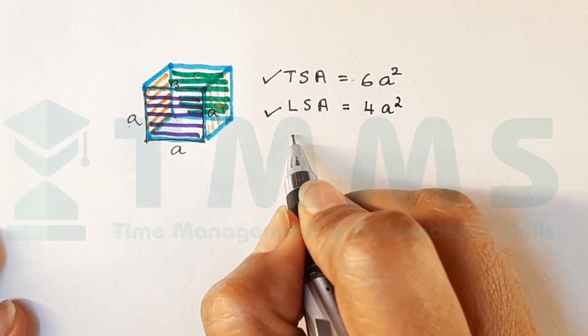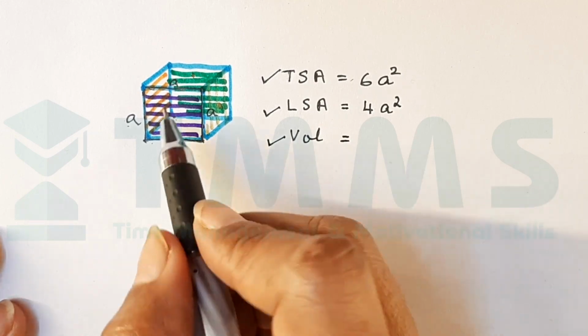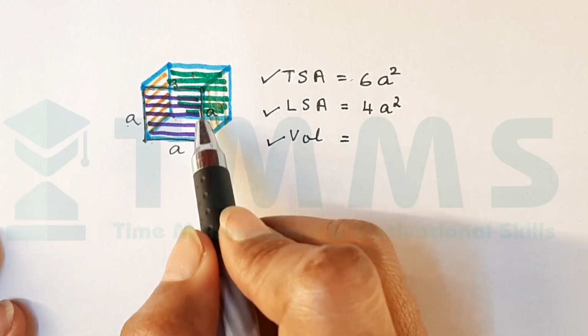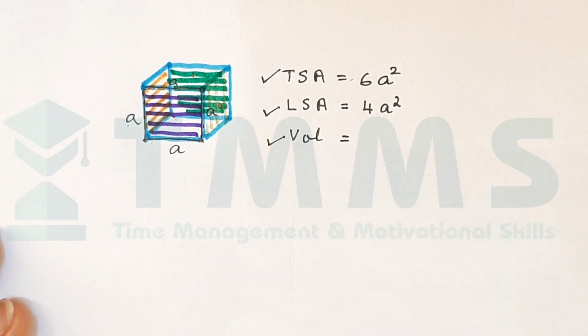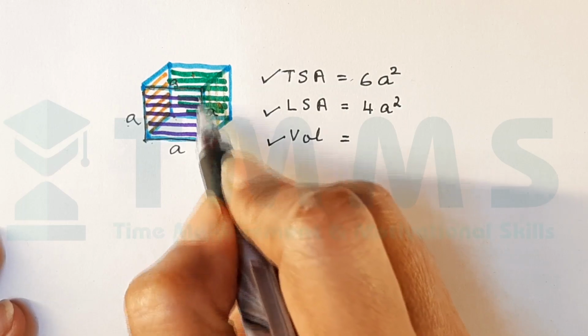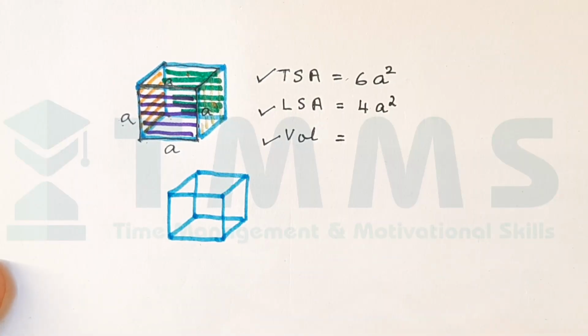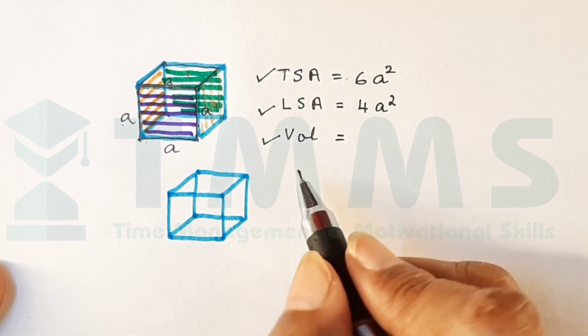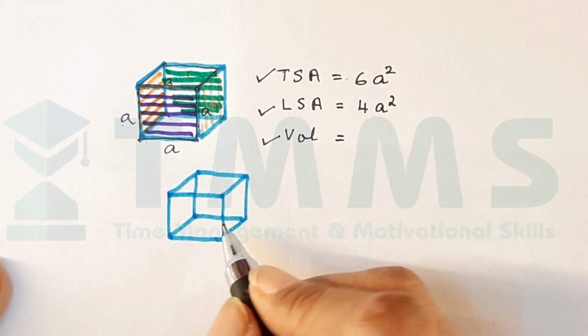Then we come to the volume. The volume is going to be A multiplied by A multiplied by A. Now remember, volume for any 3-dimensional figure is area of cross section multiplied by the height. Let me draw another diagram for you. So, volume is area of cross section multiplied by the height.